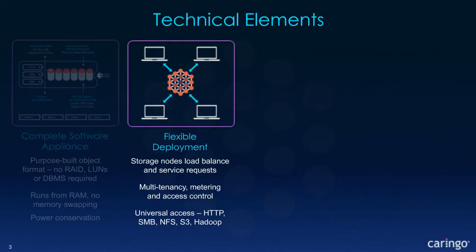It's another thing to look at when you're estimating how much complexity you may be getting into with an object system. The Caringo case also makes multi-tenancy, metering, and access control in a complete cloud environment available on all nodes. So basically, the core node is able to service all these different types of requests and simplifies the architecture tremendously.